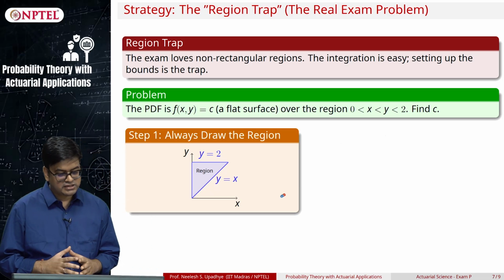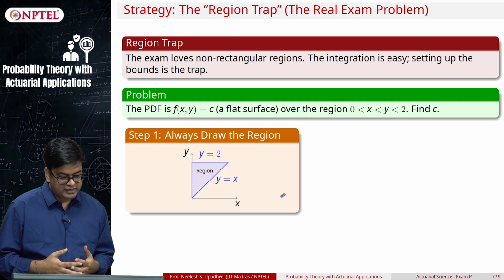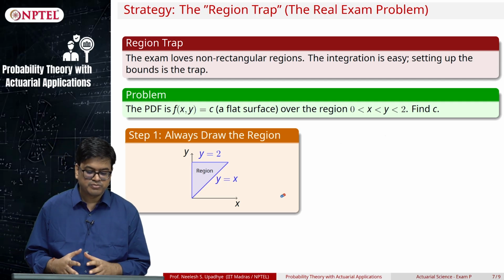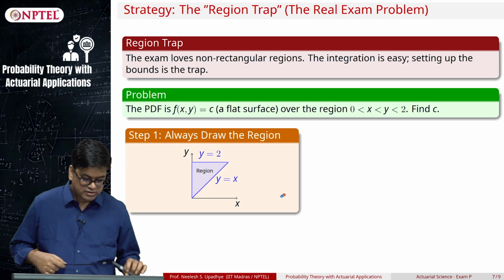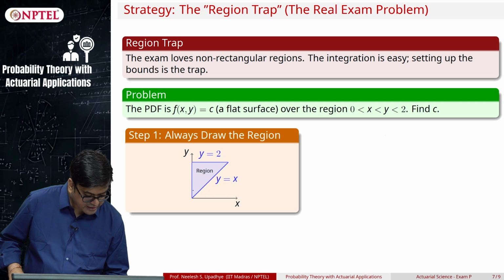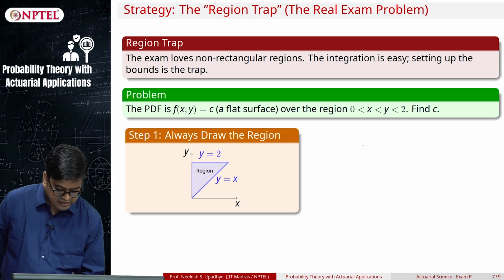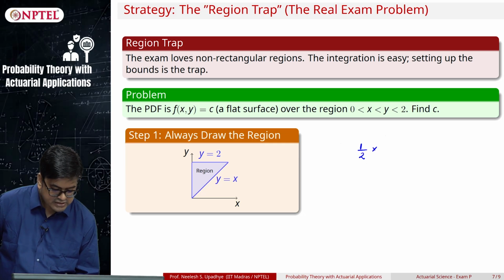Now, what remains is to make this a valid density. To make it a valid density, what you need to know? The area under the curve should be equal to 1, that is what we will focus on. So, that means this area under the curve should be equal to 1, and what is the area? Half base into height.